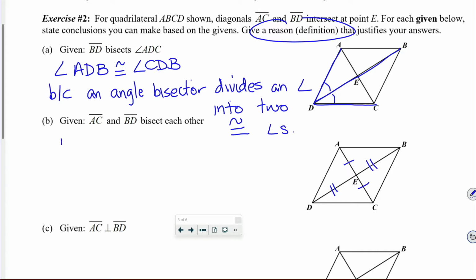So let's write those down first. AE is congruent to CE and BE is congruent to DE.